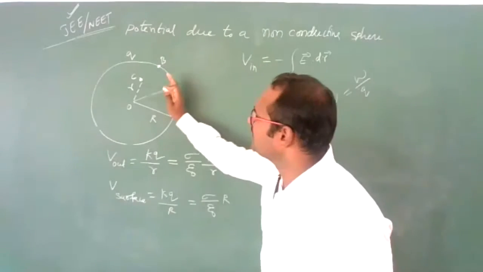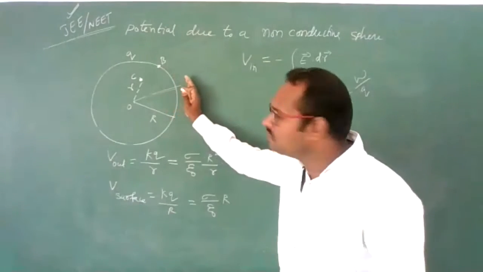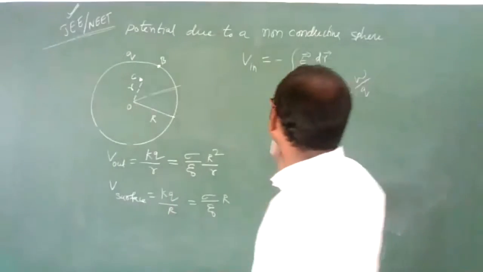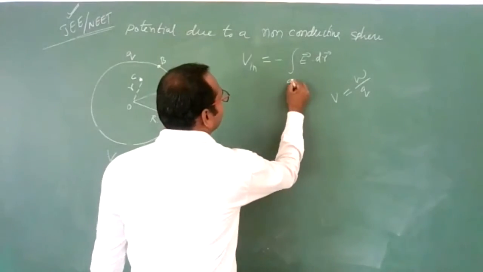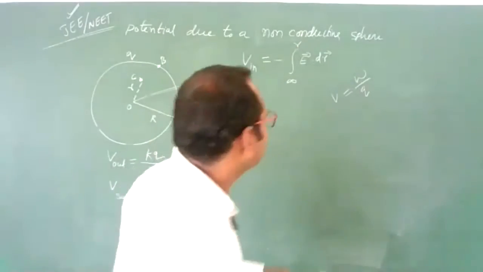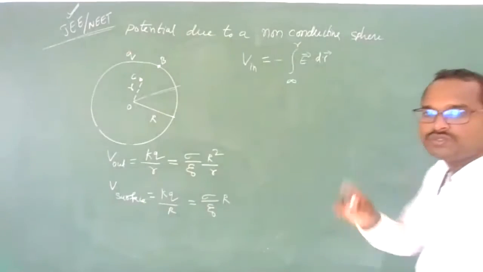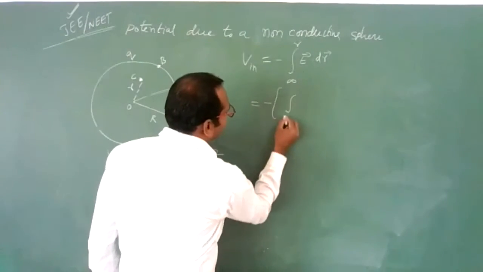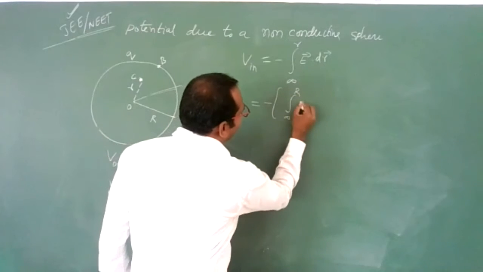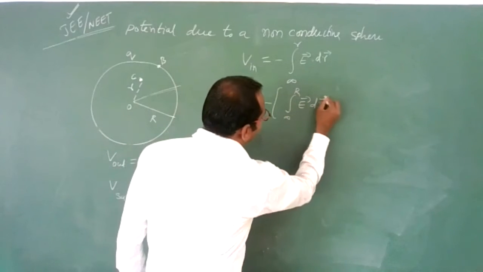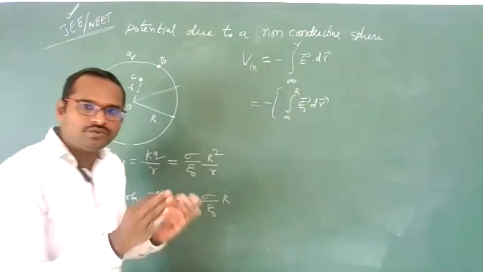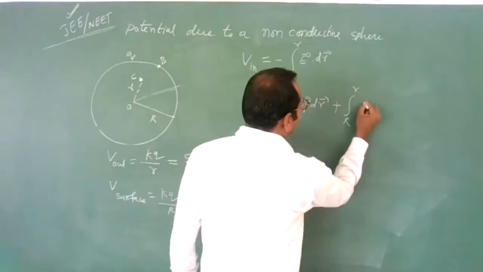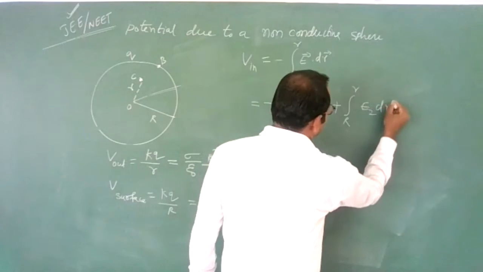Up to the surface the electric field has one value, and from the surface to the center it has another value. So we do this from infinity to small r, splitting into two parts: minus integration from infinity to capital R of E1 bar dot dr bar, up to capital R, plus integration from capital R to small r of E2 dr.